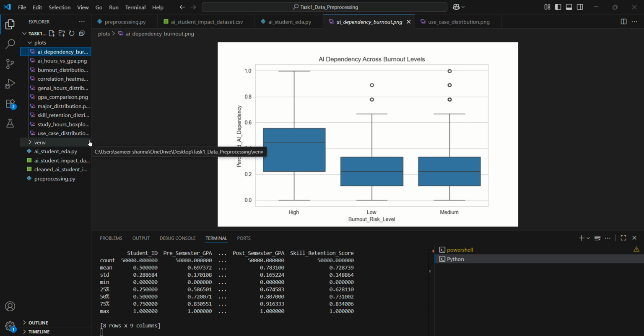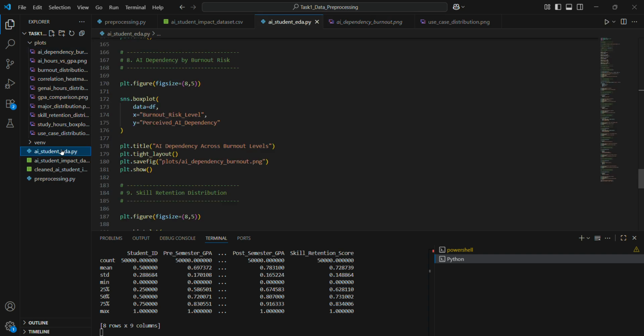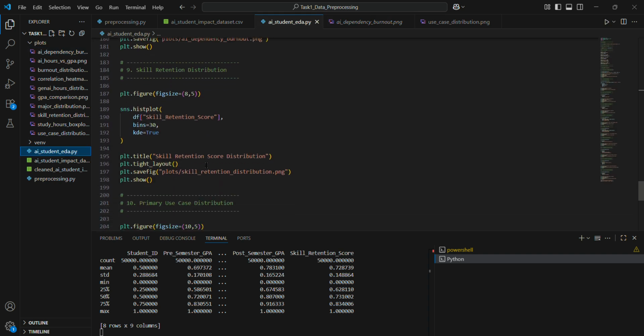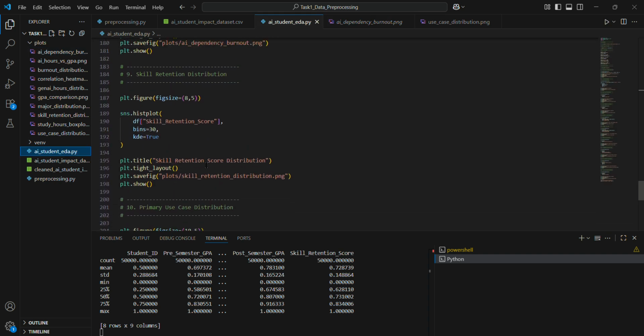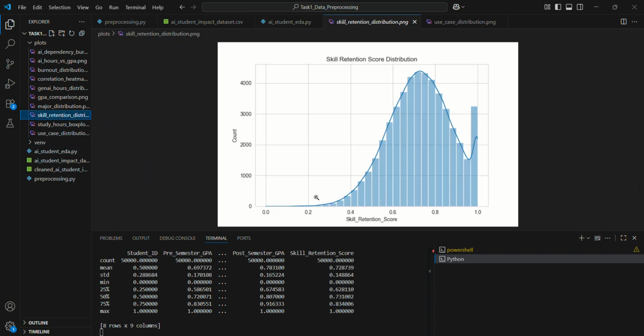And after this, we again come back to our file. Next we have the skill retention distribution, which has been saved like this. This is a left-skewed graph, because the tail is longer on the left side, and it is count versus skill retention score.